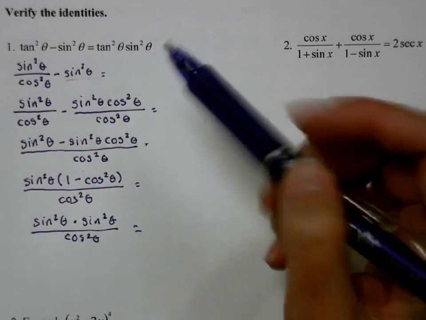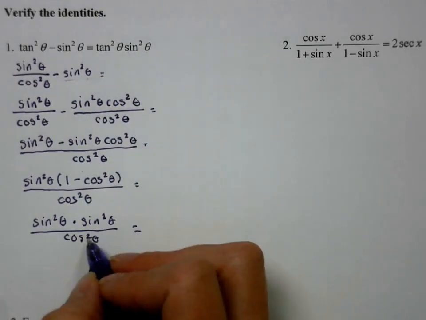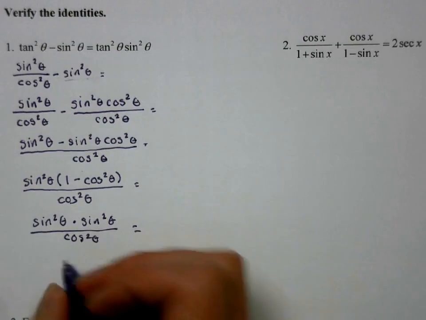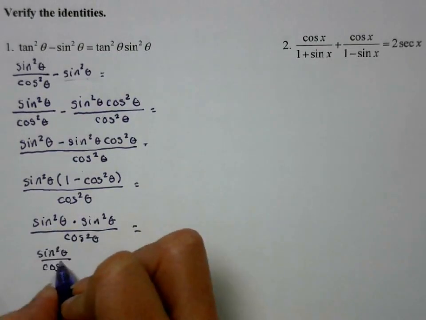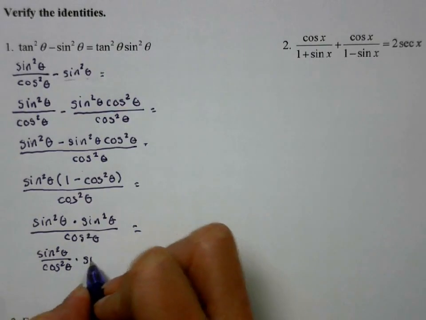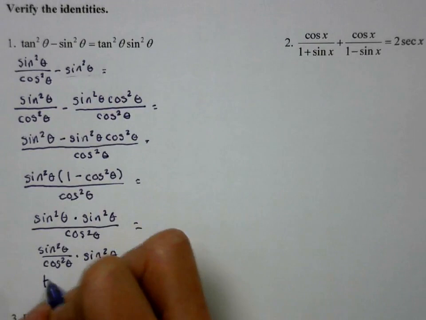Okay, then I want to look at what I'm trying to show. I'm trying to show tangent times sine. So what I'm going to do is just pair these two together and make this sine squared theta over cosine squared theta times sine squared, which is tangent squared.